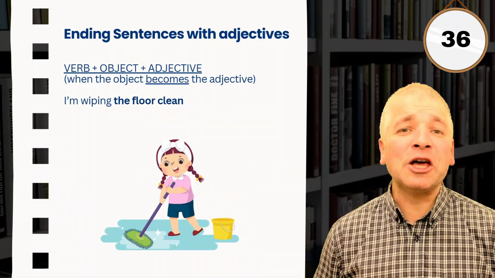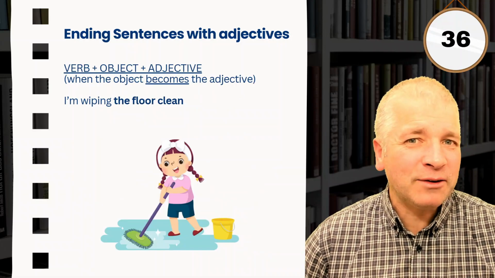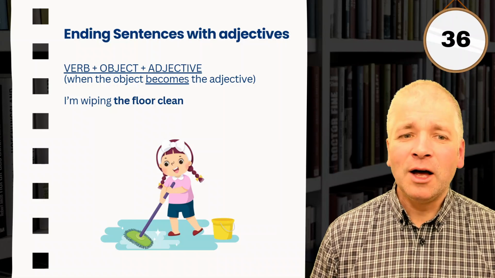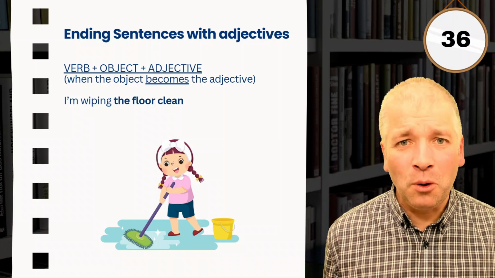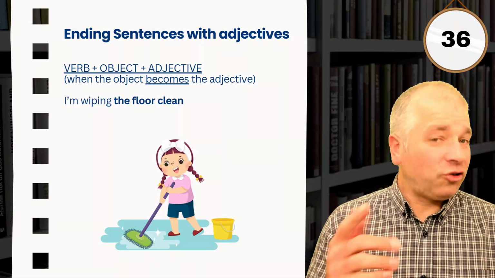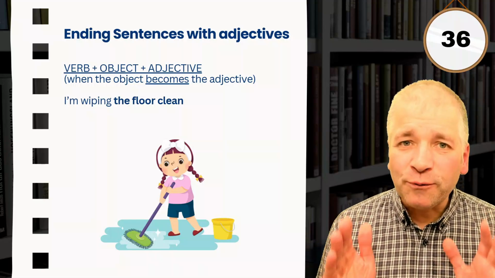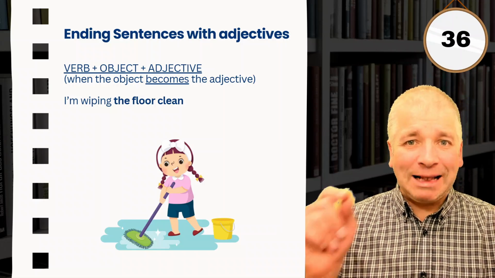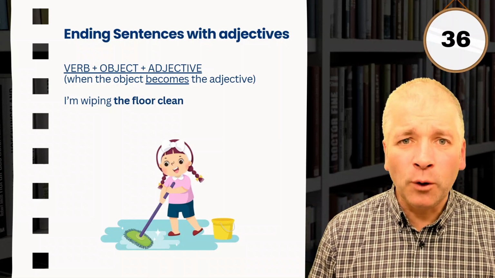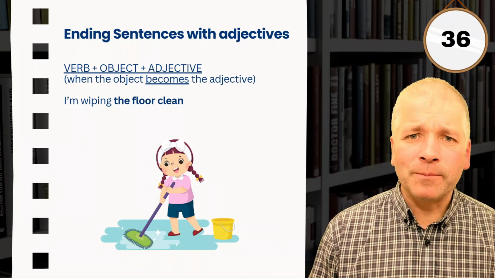Here's an interesting use of an adjective at the end of the sentence that you may not have come across. Look at the example. Here's a lady. What's she doing to the floor? You could say, or she could say, I'm wiping the floor clean. Now, where's the adjective? The adjective is clean. It comes after the word floor. But why?